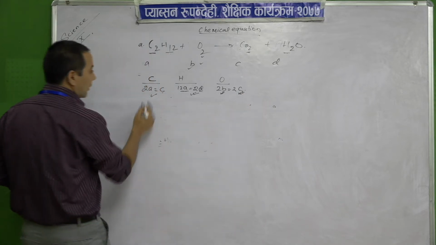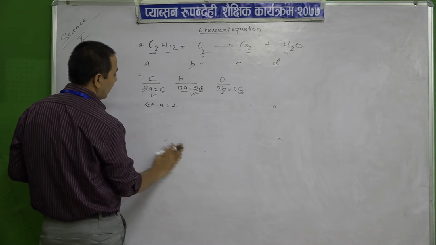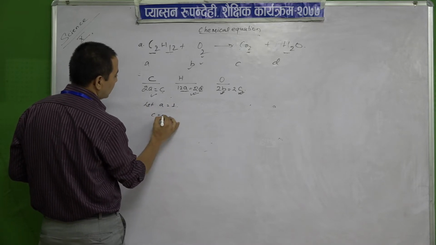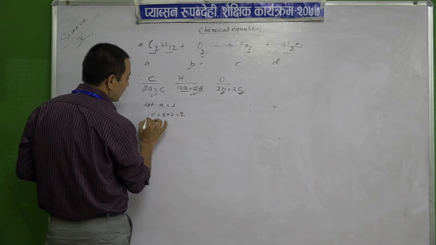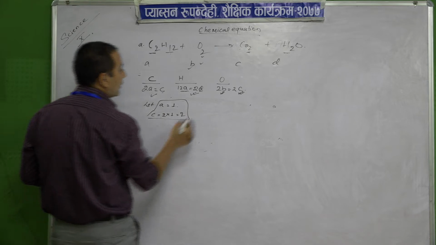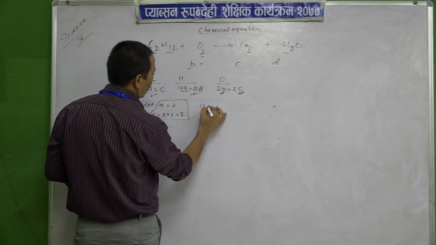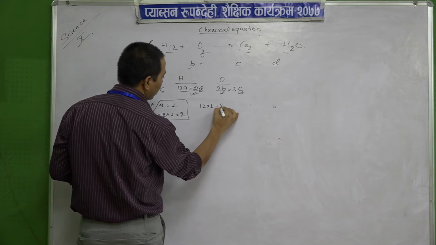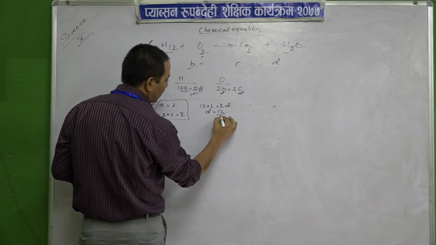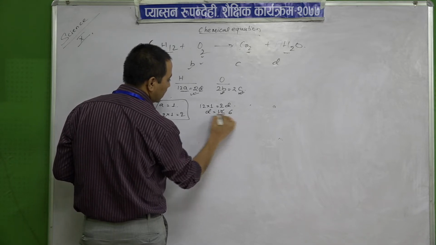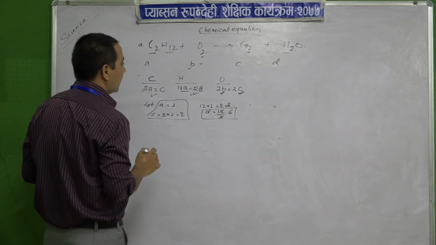Now let A equal 1, then C equals 2 into 1 equals 2. So this is correct. Now 12 into 1 equals 2D, then D equals 12 upon 2 equals 6. That is also fine.